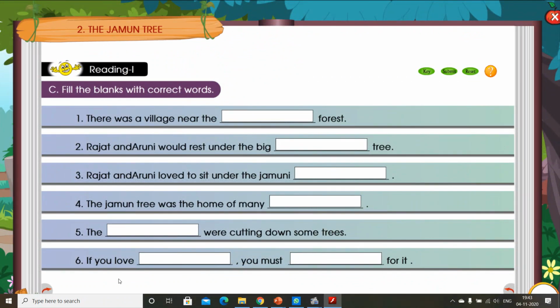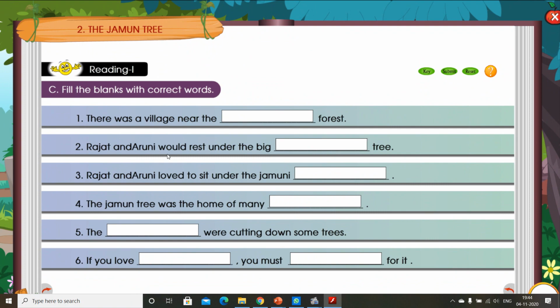Fill in the blanks with the correct words. There was a village near the... What is the name of the forest? Panchavati forest.